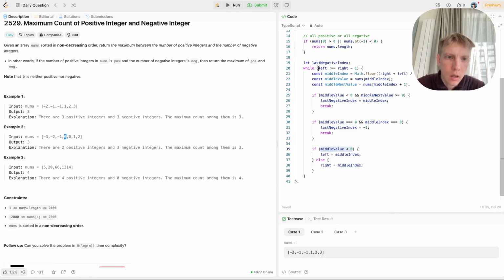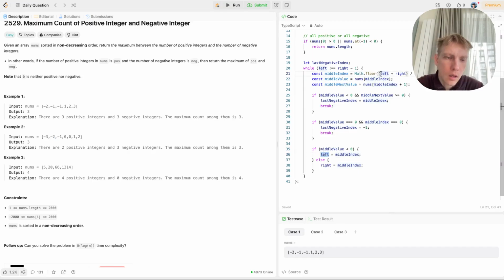After that, 0 plus 3 divided by 2, 1.5, 1 would be this one, minus 2 minus 1, less than 0, left would be 1.